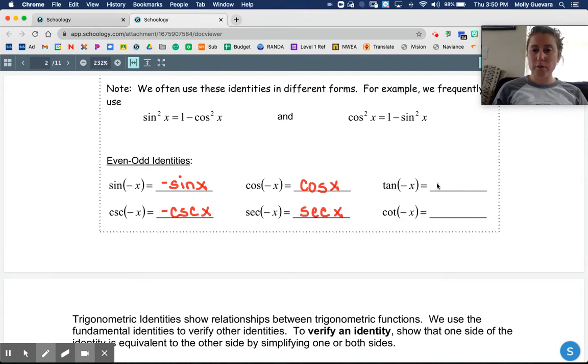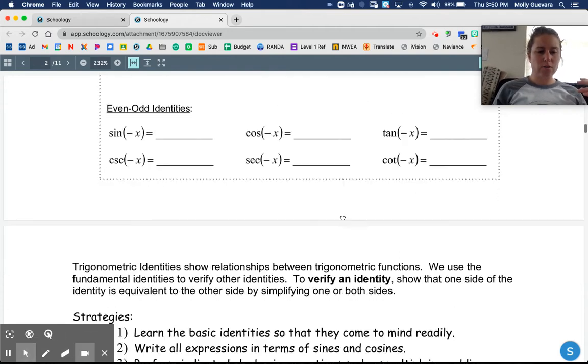So all these other ones are odd functions, like so. So just kind of having these identities all in the same place is helpful because, these trig identities, they show relationships between trig functions.